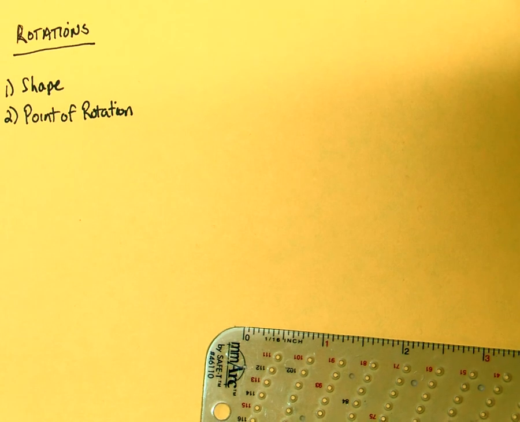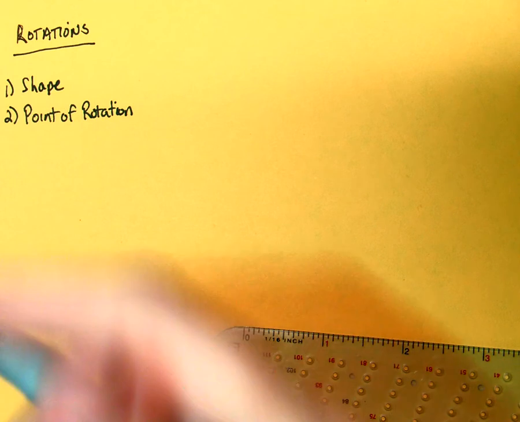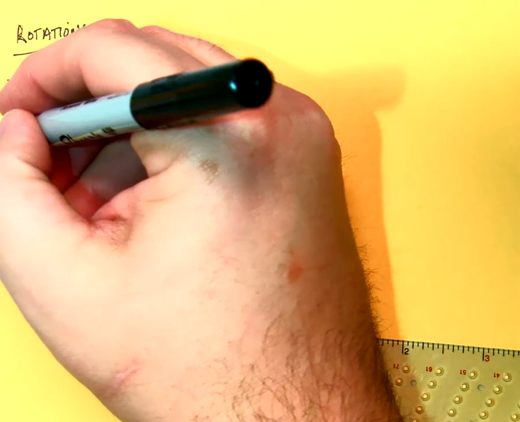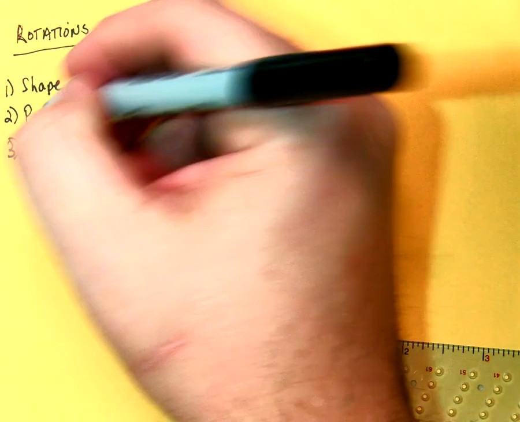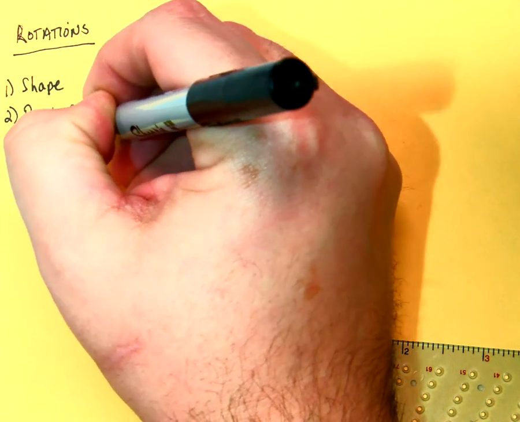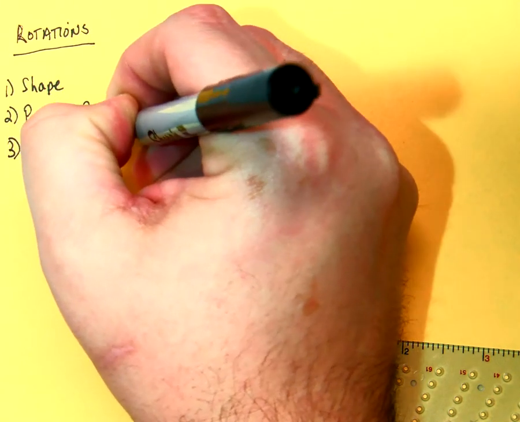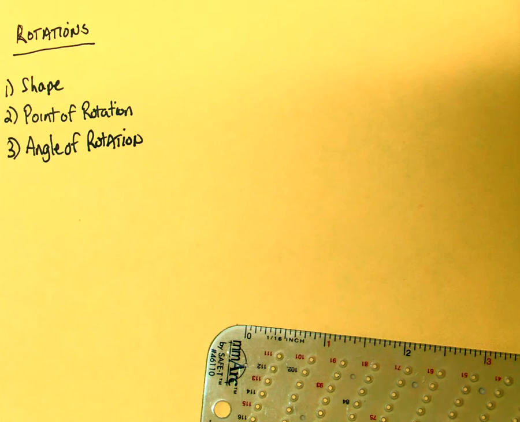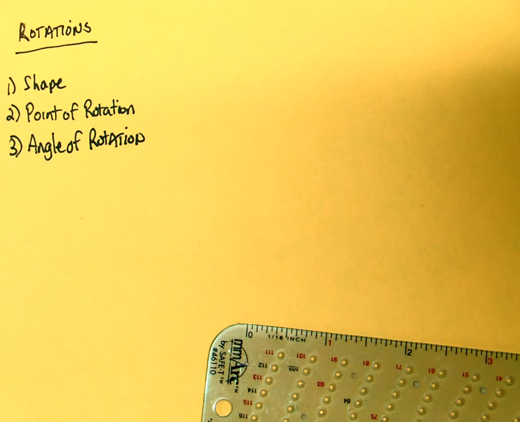And once we're able to know that, then we can figure out what our rotation is. And then you need something called an angle of rotation. So you need to know how much we're going to rotate the shape.